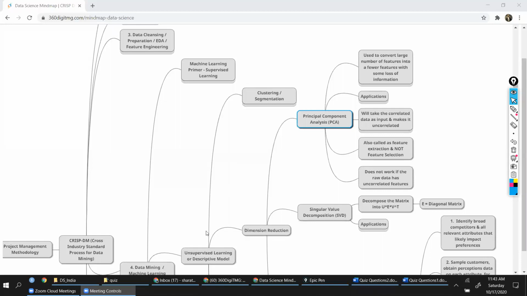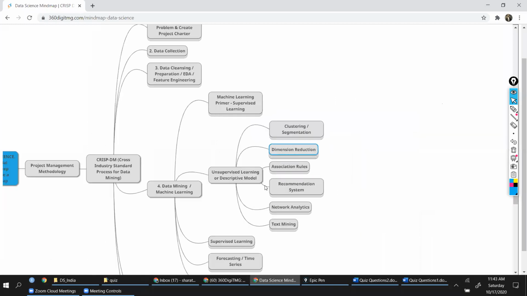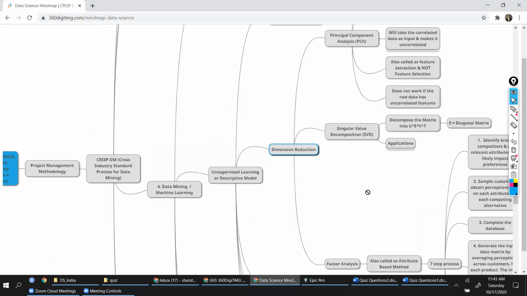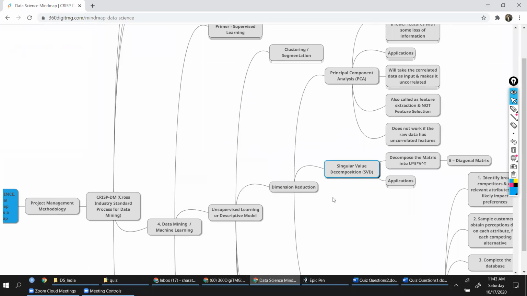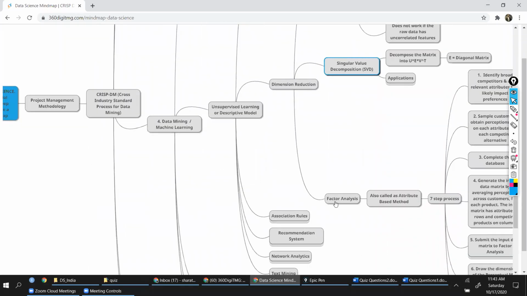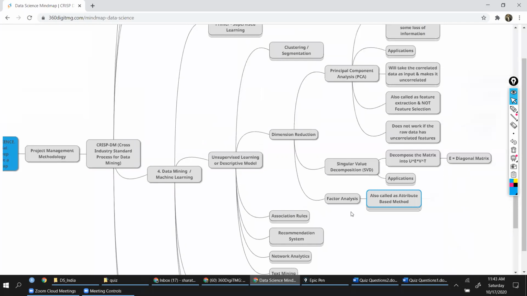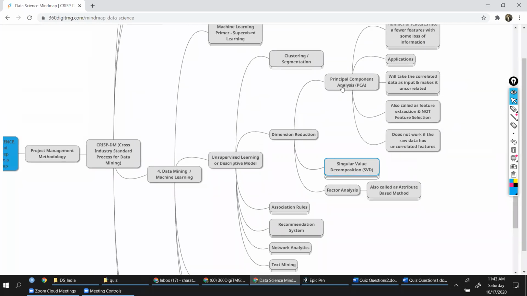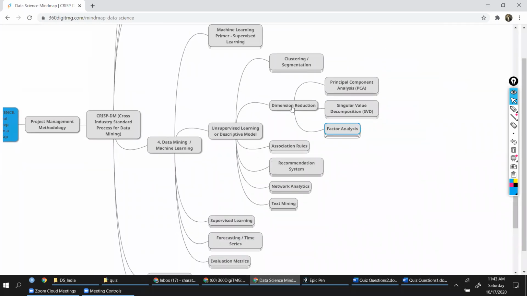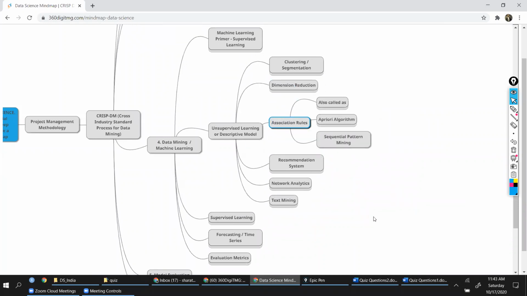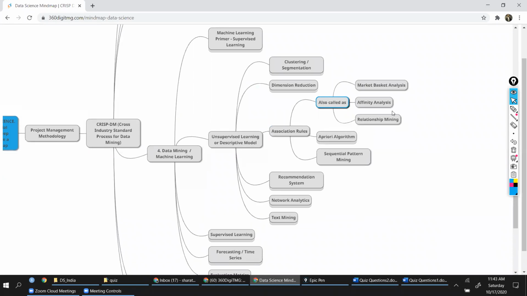So we're talking about unsupervised learning techniques, right? We discussed clustering. We discussed dimension reduction, where we talked about PCA, SVD. We also talked about LDA. Then we have factor analysis, right? And then we moved to discuss association rules, which is also known as market basket analysis, affinity analysis, or relationship mining, right?